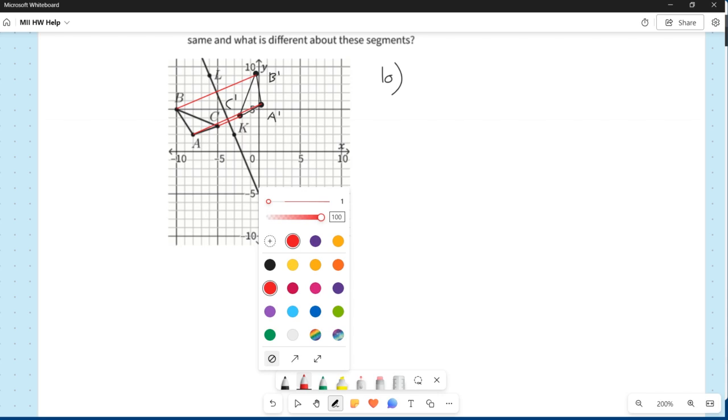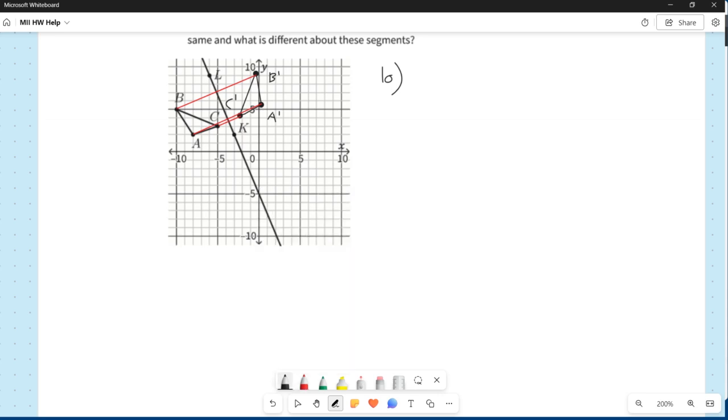We kind of already knew this because this is how we created this figure. But for part B, we can tell that all of these lines are perpendicular to our line of reflection, LK. Now that you see our picture, it's been cleaned up a little bit, it's pretty obvious that all of those lines are, in fact, perpendicular.